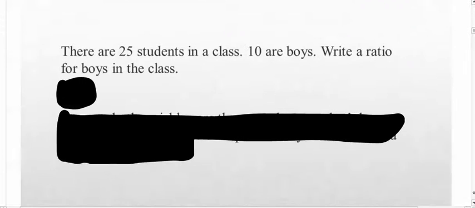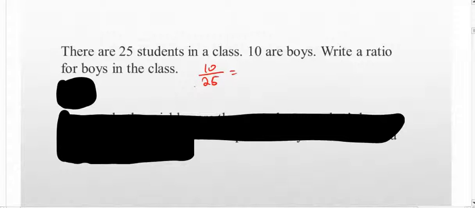Another example: students to students. There are 25 students in a class, 10 are boys. Write a ratio for boys in the class. You'd set it up like 10 divided by 25. Because it's students to students, you just divide normally, because no conversions are needed.